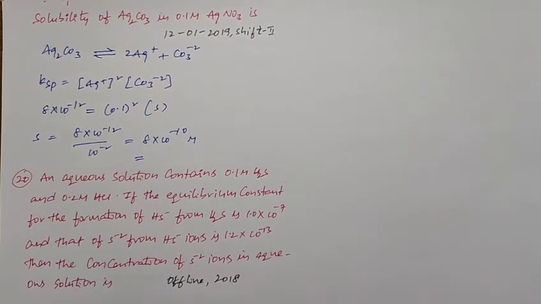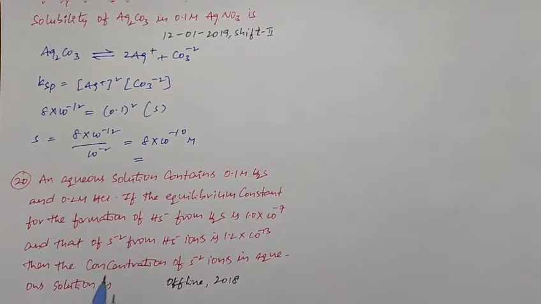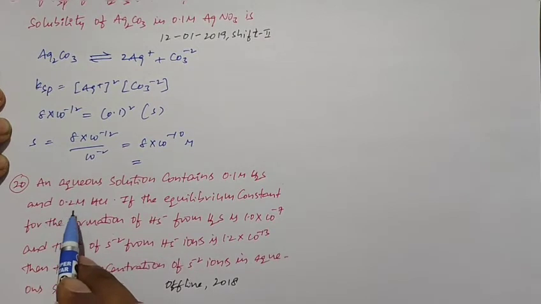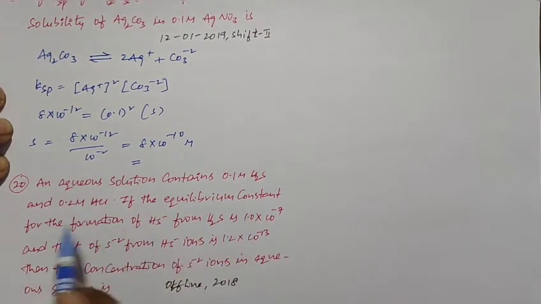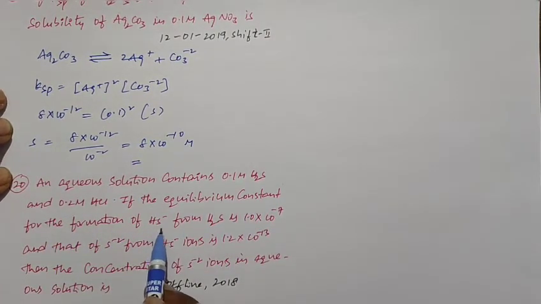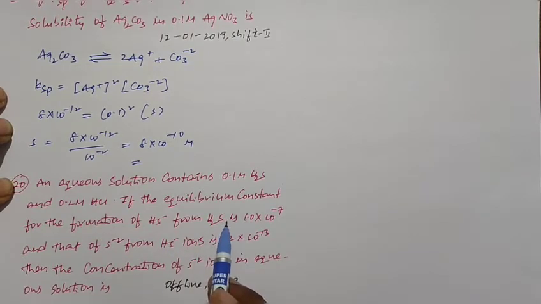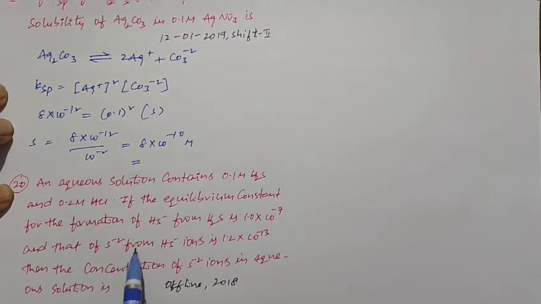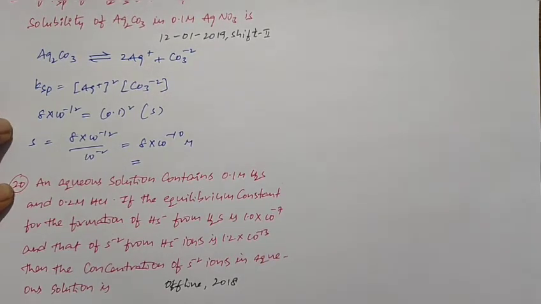This question is given in the offline 2018 paper. An aqueous solution contains 0.1 molar hydrogen sulfide and 0.2 molar HCl. If the equilibrium constant for the formation of hydrogen sulfide ion from hydrogen sulfide is 1.0 into 10 power minus 7 and that of sulfide ion from hydrogen sulfide ions is 1.2 into 10 power minus 13, then the concentration of sulfide ions in the aqueous solution is.